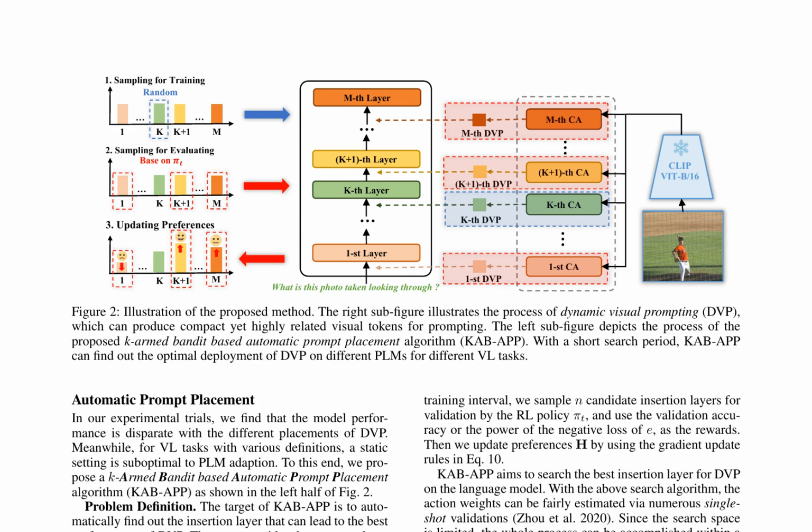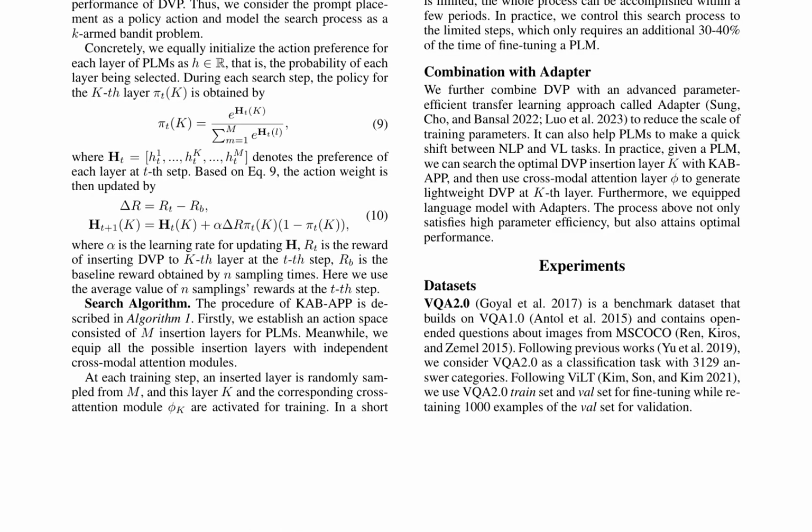The KABAPP algorithm consists of two main components: dynamic visual prompting and K-armed bandit-based automatic prompt placement. The authors model the search process as a K-armed bandit problem, where the goal is to find the optimal insertion layer for DVP. The algorithm initializes the action preference for each layer equally and updates the probability of each layer being selected based on the reward obtained from inserting DVP at that layer.